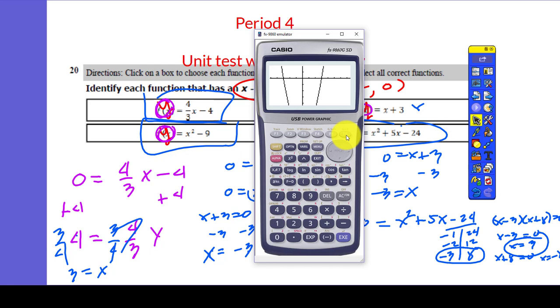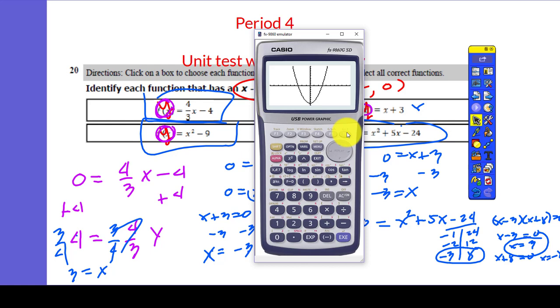Just in case your screen is not showing the graph, then what you need to do is fix your window by going to Shift F3, that's your V-Window, and make it standard, STD. So F3, it will reset the values. Then EXE, then you draw again. Now you have a better view of the graph.